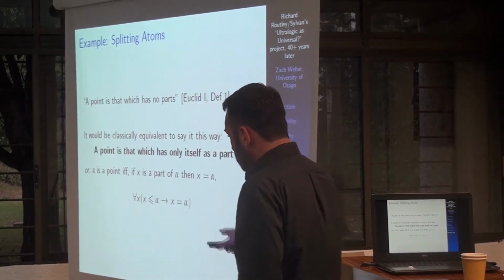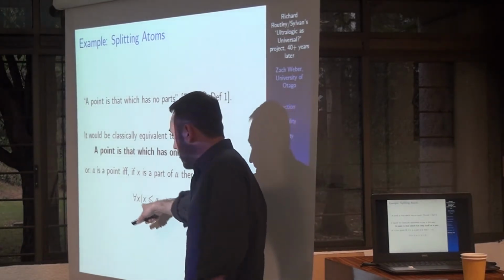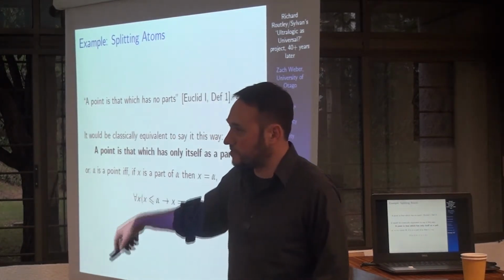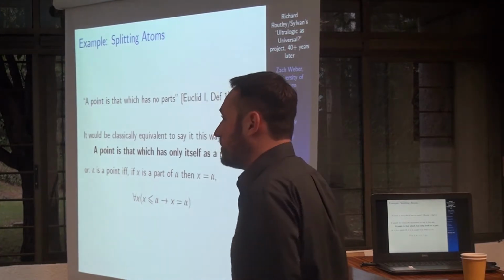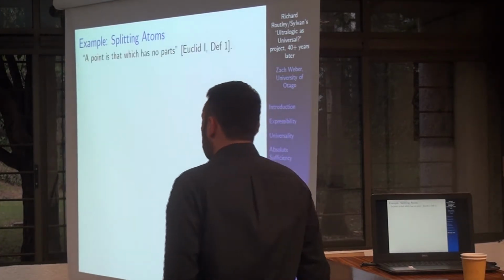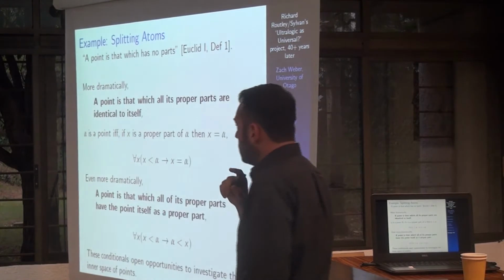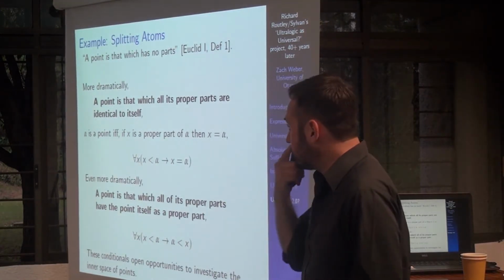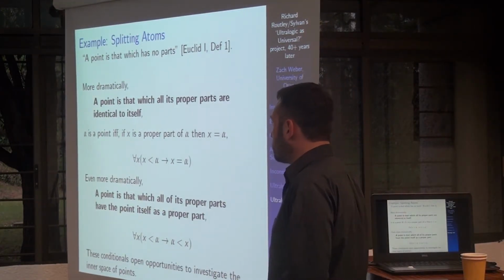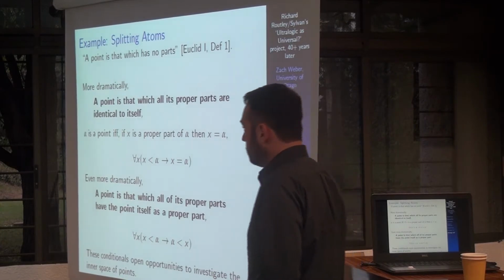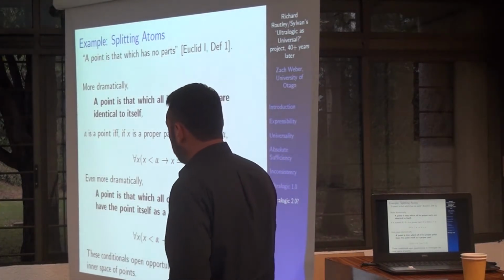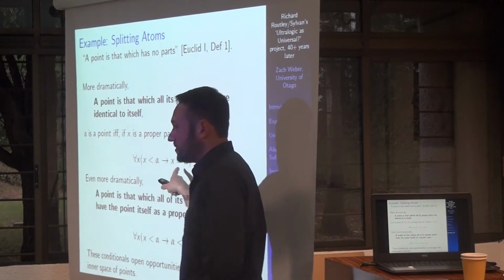But we've got this ultramodal arrow around which can handle all sorts of counterpossibles in the antecedent and even take them seriously. So another classically equivalent way to put this would be: a point is that which all of its proper parts are identical to. So alpha is a point if and only if any proper part of alpha just is alpha.